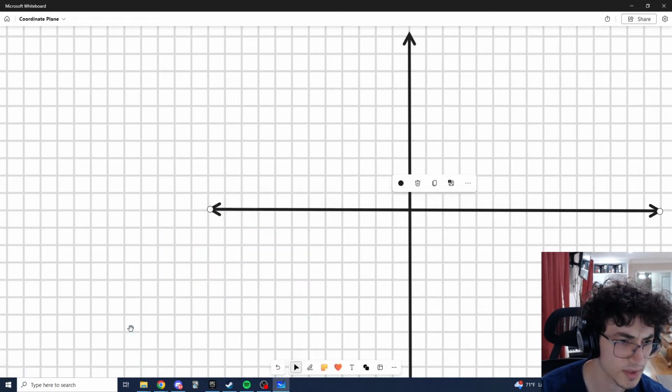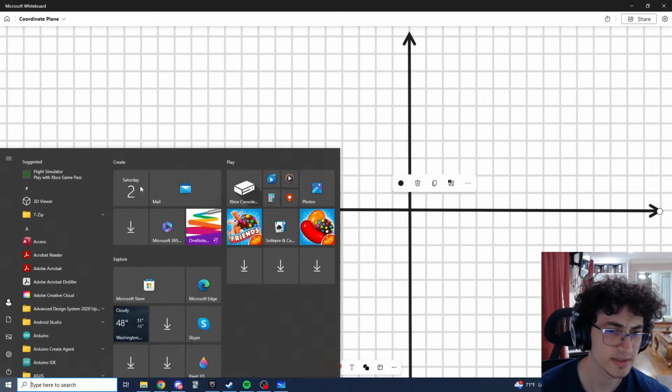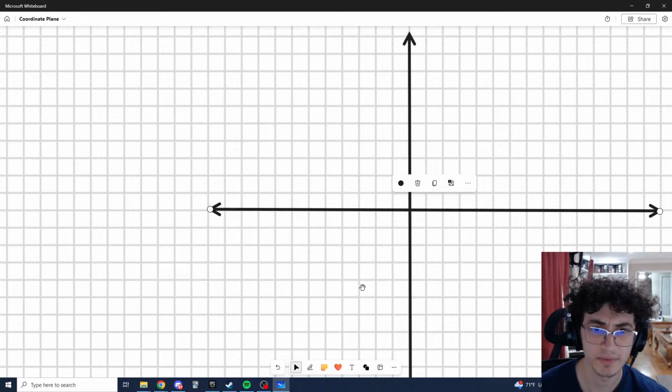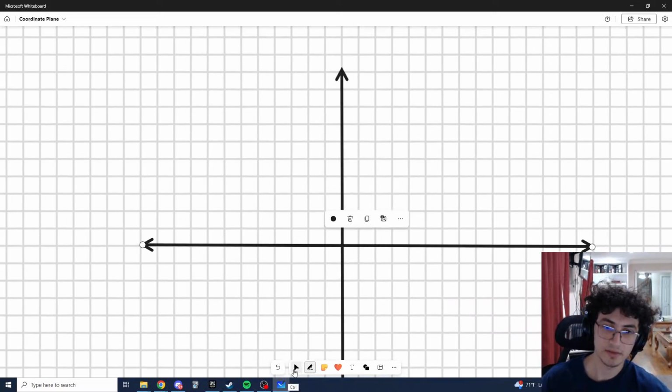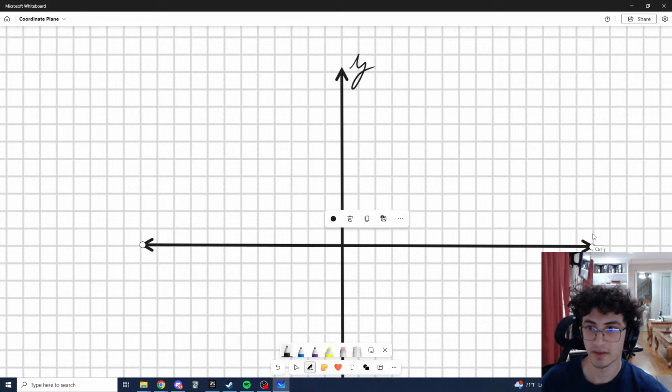Why is hitting escape getting me the Windows search? That's weird. Oh well. Okay, so we've got our Y, we've got our X.